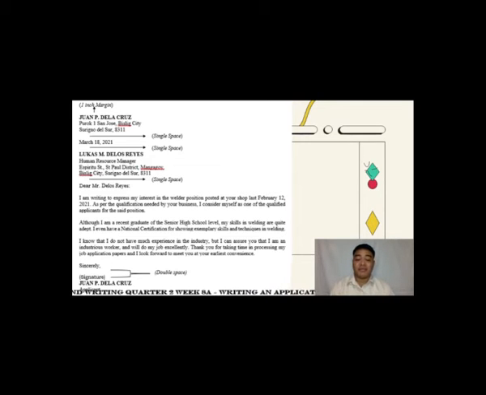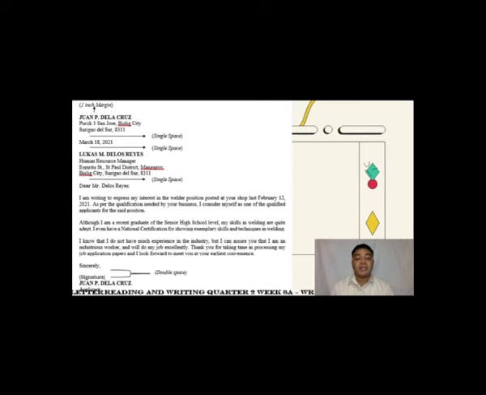After the last paragraph of the body of the letter, you can see that it is followed by the complementary clause. It says sincerely. Now, contrary to the other parts of the letter where the note only says single space, after the complementary clause, it says double space.